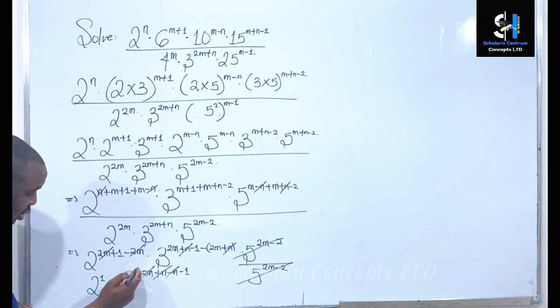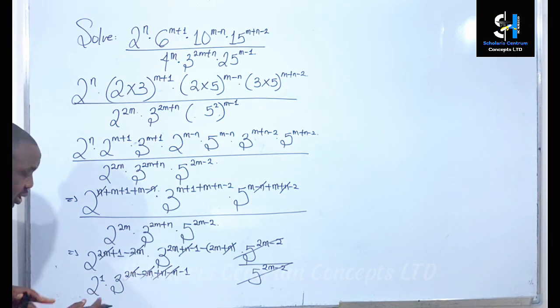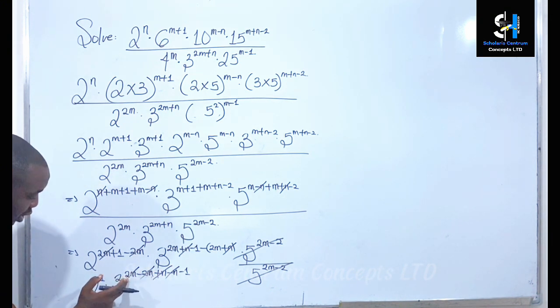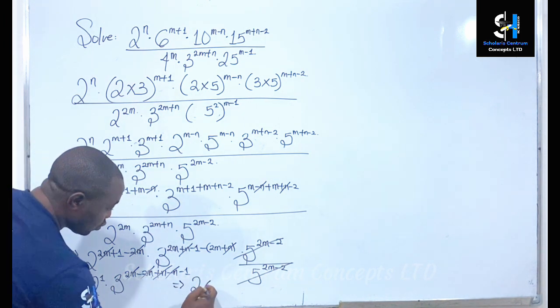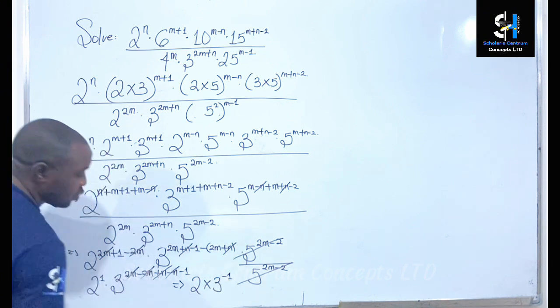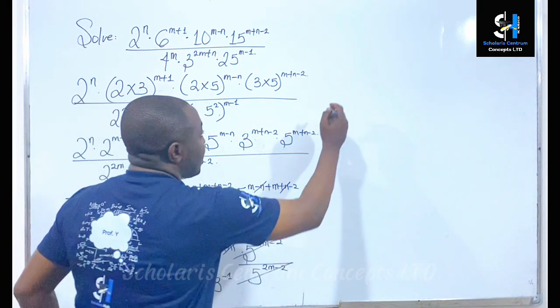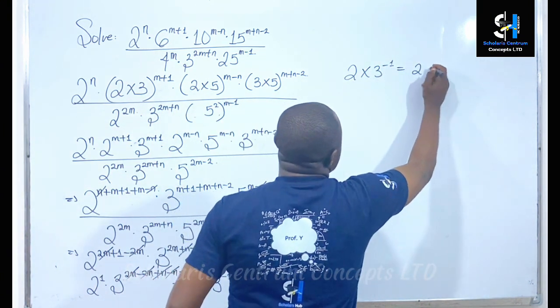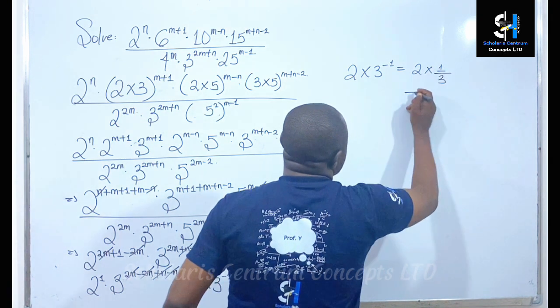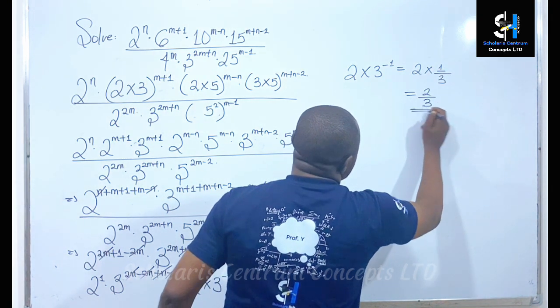So this will be n minus n, that will be 0. Then 2n minus 2n, that will be 0. So we'll be left with 2 times 3 raised to the power of minus 1, which is as simple as 2 times 1 over 3.